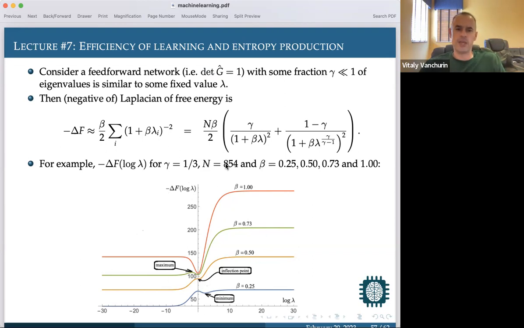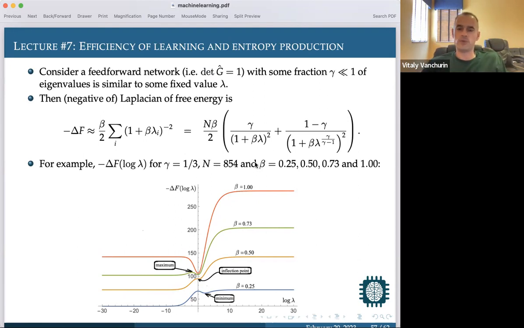So n equals 854 is a choice that was taken because the numerical simulations that I'm going to show you after that were run on the MNIST data set. Gamma 1/3 doesn't seem to be much smaller than 1, but it's something that allows me to draw those plots and make the point, so that they look like something that represents the dynamics we're interested in.